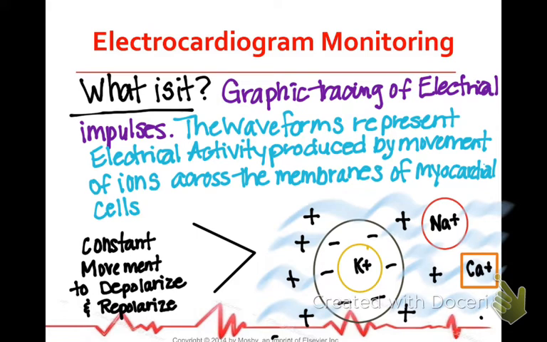Because there's got to be this constant moving of the action potential in all these cells for these impulses to create the waveforms on our graph, right? So basically a graphic tracing to create waveforms, with constant depolarization and repolarization due to the action potential.